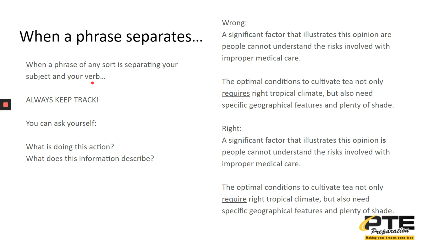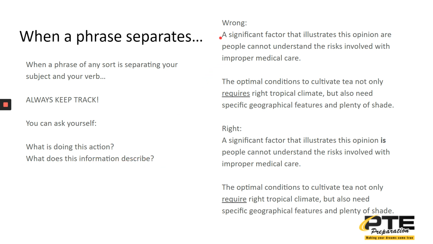When you start adding in different phrases, it gets confusing. So you have to keep track of your verbs and your nouns. If you find a verb, you can always ask yourself, what is doing this action? Or what does this information describe?